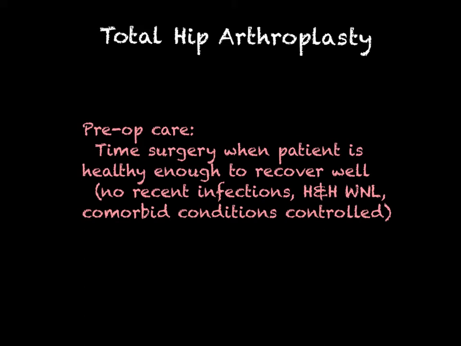So preoperatively for a hip replacement, there are some important things we need to remember. When we talked about osteomyelitis, we really brought this up, but you want to time surgery when the patient is optimally healthy. And that means that if they've had a UTI or a respiratory infection or strep throat or any other infection, we want to postpone that surgery until the patient is well, because we don't want to put them at risk for osteomyelitis.